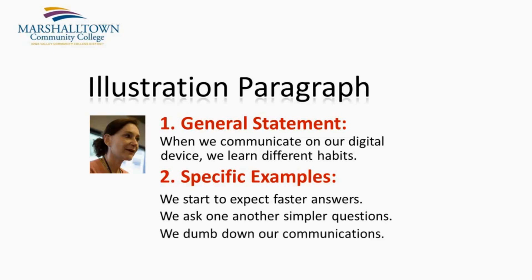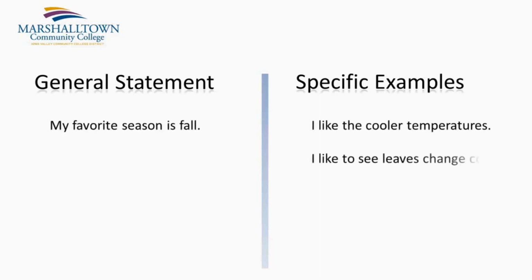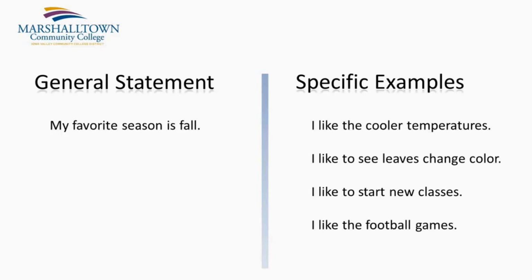Now, an illustration paragraph doesn't always need to be about some heady intellectual topic. Here's a more simple example of general statements followed by some specific examples. My favorite season is fall. I like the cooler temperatures. I like to see leaves change color. I like to start new classes. I like football games.